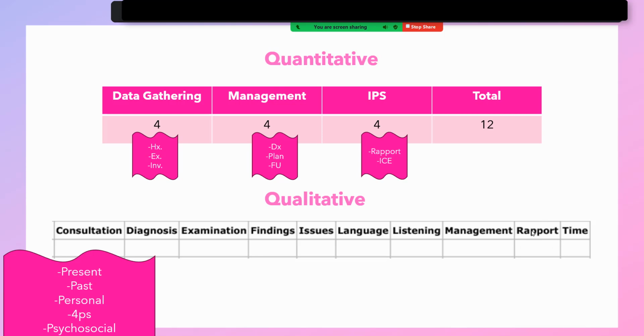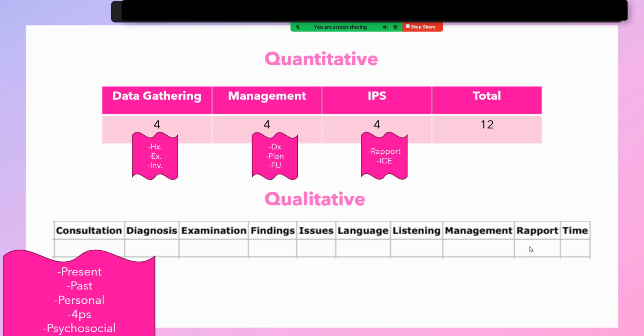In terms of rapport, you have to start your station in a nice way. You have to be friendly. Okay? And you have to maintain this nice relationship between you and the patient or your colleague throughout the case.